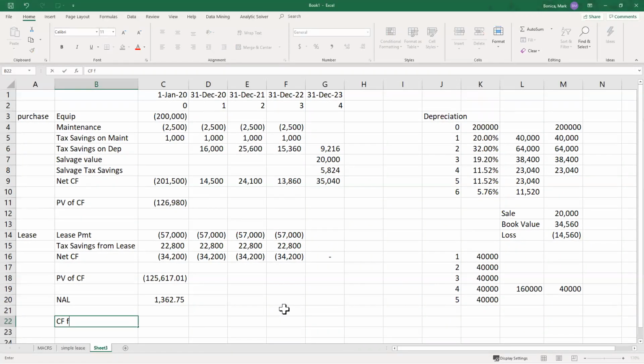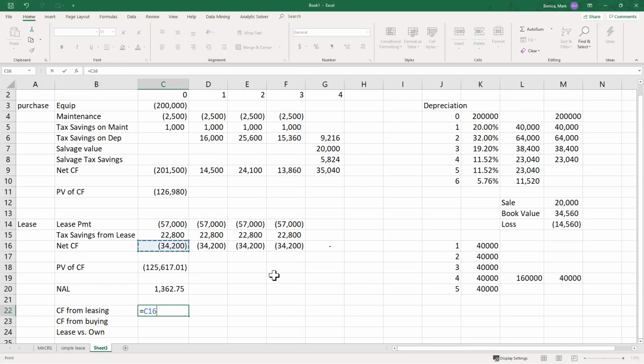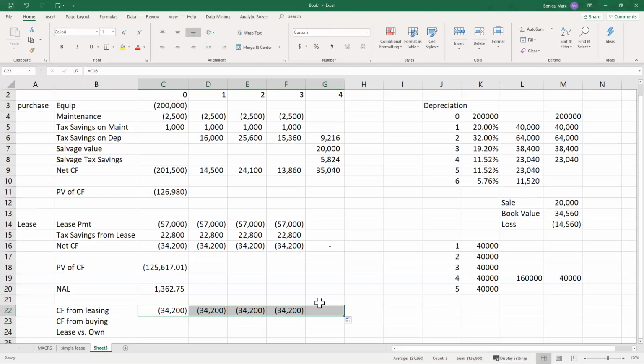Cash flow from leasing and cash flow from buying, because remember the NAL, the net advantage to leasing, is going to be lease minus buy. So I'm going to grab the cash flows for leasing just from right here. Right, so they're exactly the same as this line.